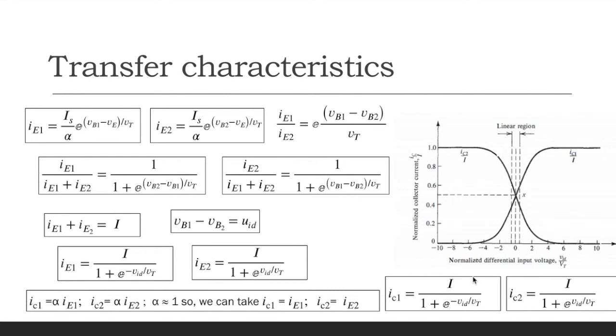The fact that such a small signal can switch the current from one side of the differential pair to the other side means this pair can be used as a fast current switch, right? And plus, the linear operation region is very small here, that is, for very small differential voltages the transistors are amplifying, they are working linearly.